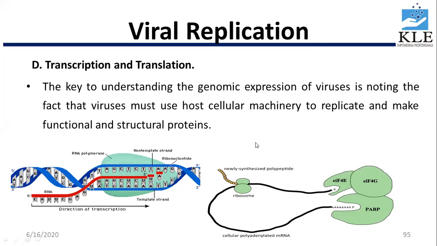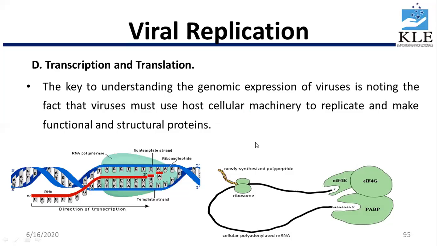And the very important step, the fourth step, is the biosynthesis. This biosynthesis takes place by transcription and translation. In order to understand this, you should understand how protein synthesis takes place. During protein synthesis, as I told you, the DNA opens up a segment responsible for synthesizing that particular protein.